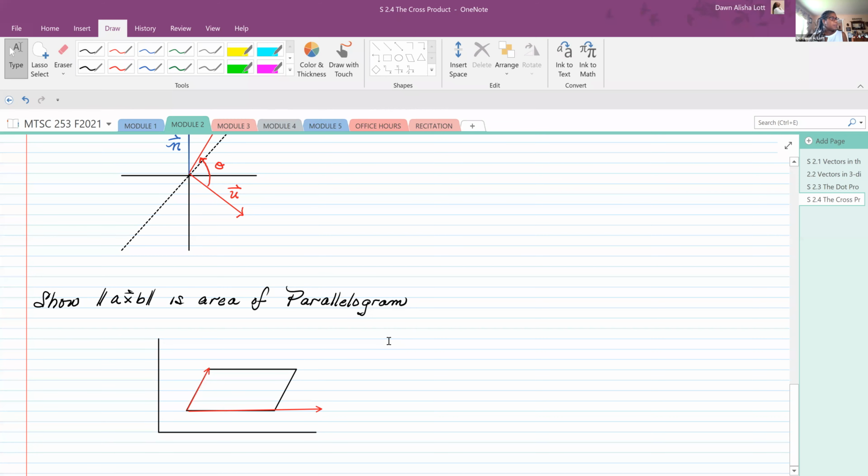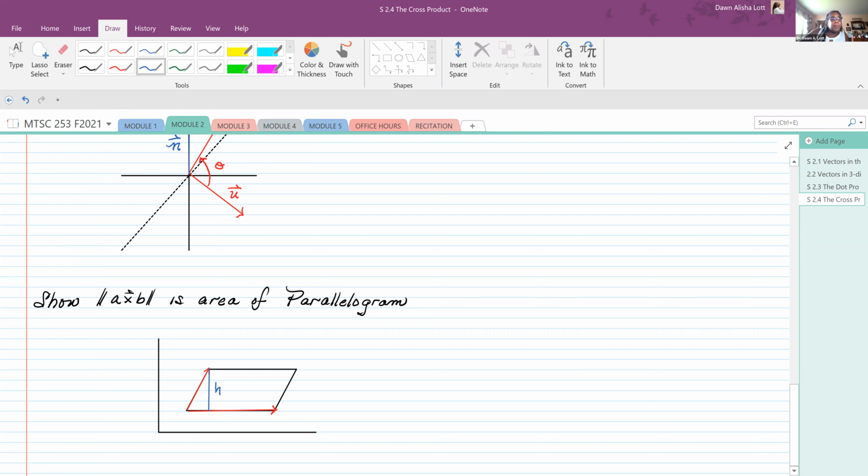Okay, so these are the two vectors. And then I want to draw a height h. So this height is h.